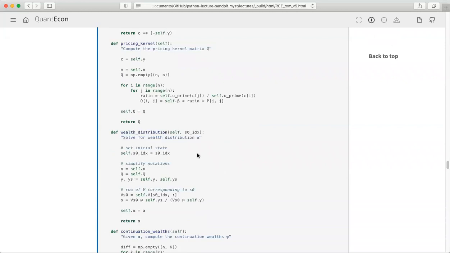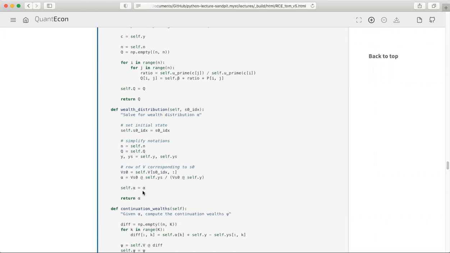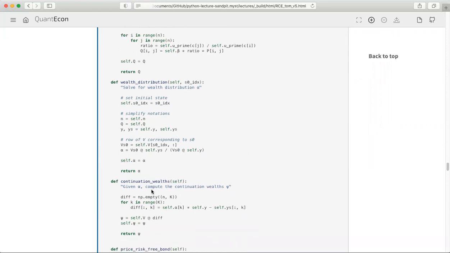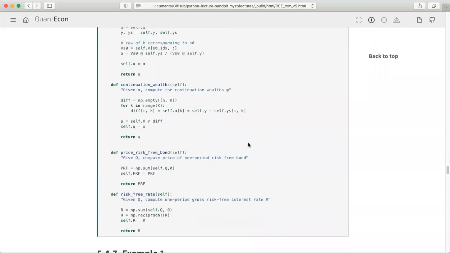It's going to compute a wealth distribution. How do I do that? Well, once I know the Q, I can compute this. It's going to compute continuation wealth. It's going to compute the price of a risk-free bond. It's just going to use that formula.